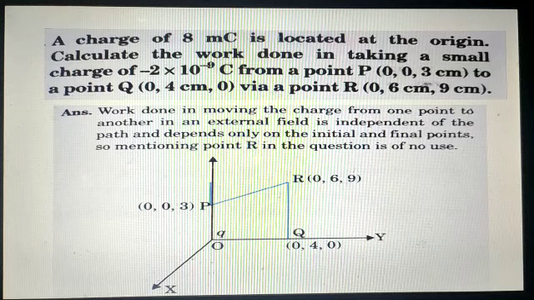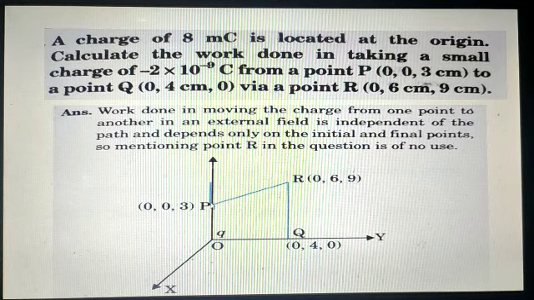So the potential difference we need to find is between Q and P, the final position and the initial position. It doesn't depend on which path is chosen. So the potential difference between Q and P will be VQ minus VP.